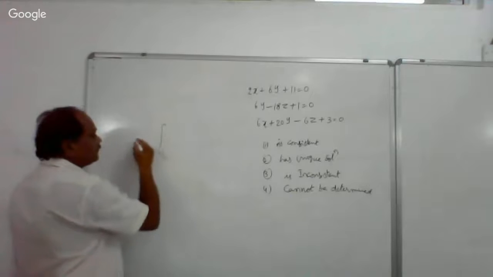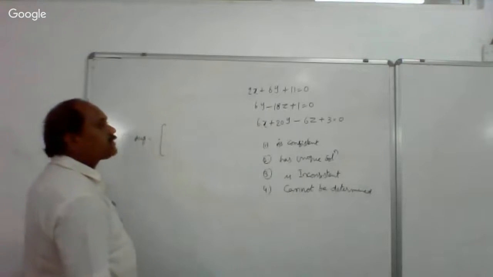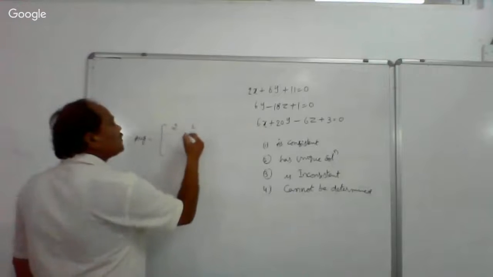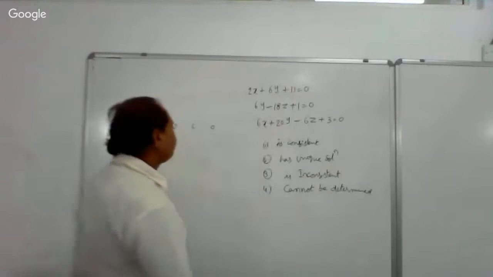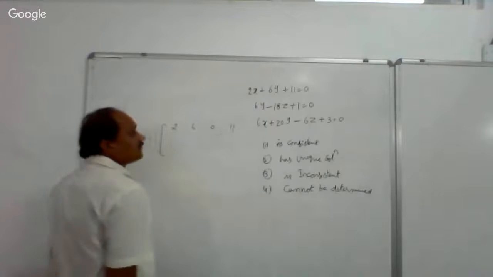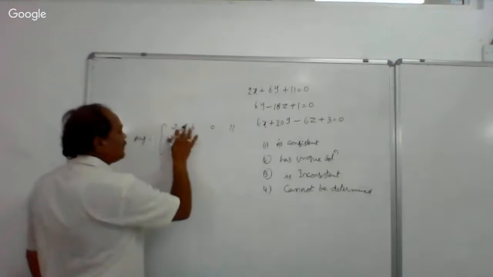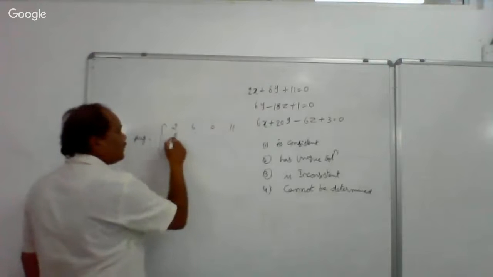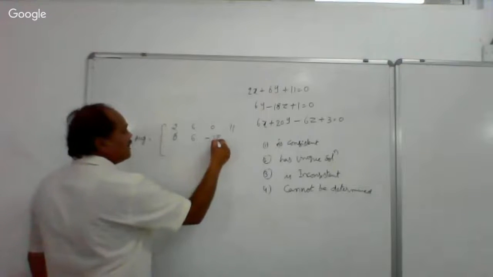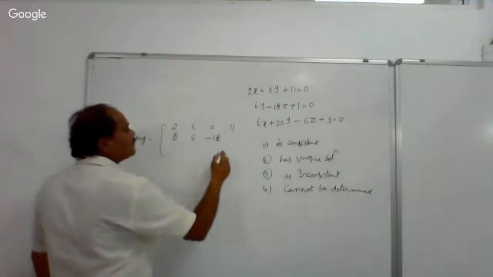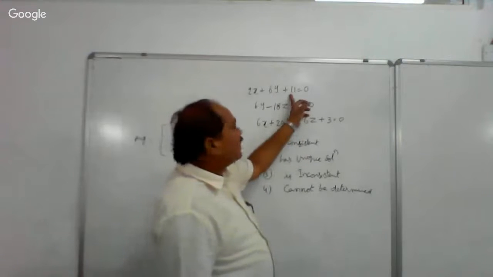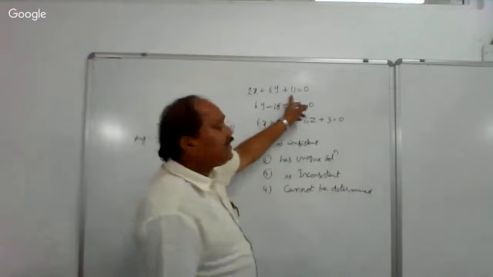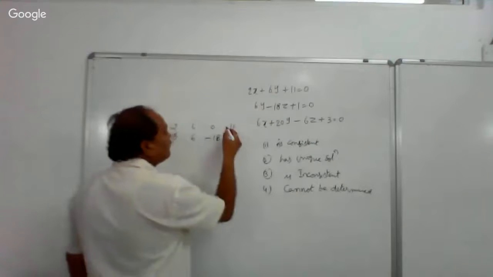Here, the augmented matrix is 2, 6, 0, 11. Z is not there. X is also not there: 0, 6, minus 18. But here generally we are writing equal to d1.